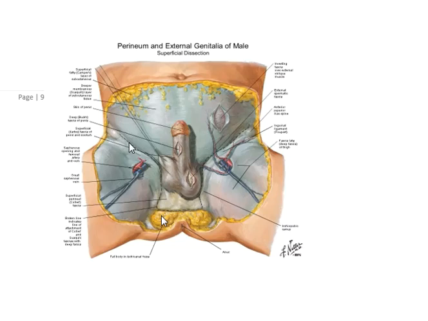Now here I would like to show you the real space. When we cut and remove the skin, this part belongs to the anal triangle, and you can see it filled by a lot of fat, and the urogenital triangle that located inside the external genitalia.